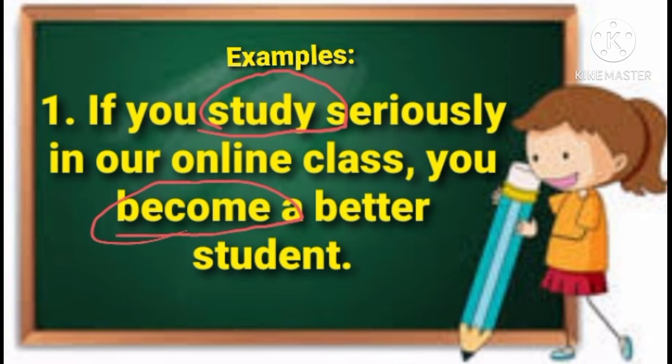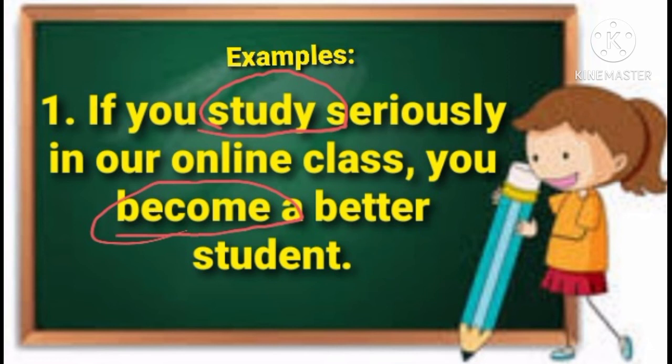Number one, if you study seriously in our online class, you become a better student. So this sentence uses if clause and then the main clause. Like in the given format, it should be both in simple present tense. So what are the verbs used?